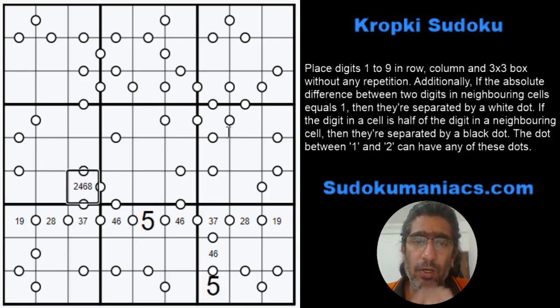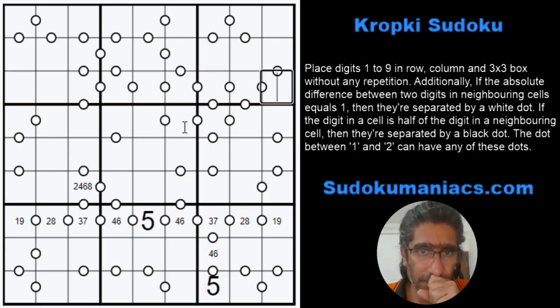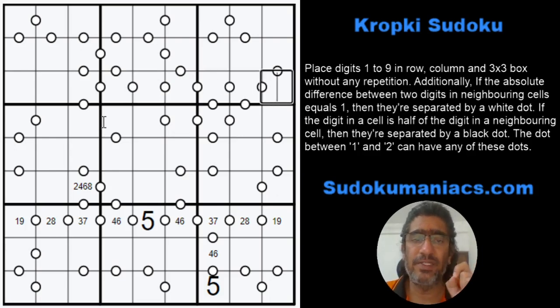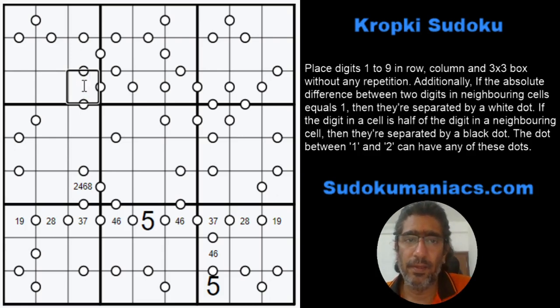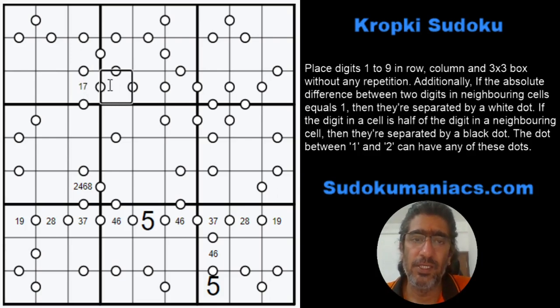Then the next longer chain that I notice is of these 7 cells. When I have a range of 7 cells which are consecutive to each other, I know for sure it can be the series of 1 to 7 or 3 to 9, correct? So assuming this was a 1 to 7, let's just put in the pencil marks: 1 7, 2 6, 3 5.